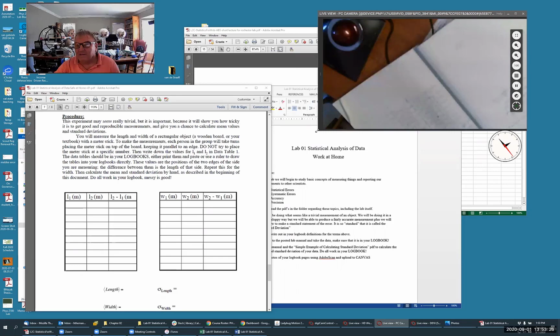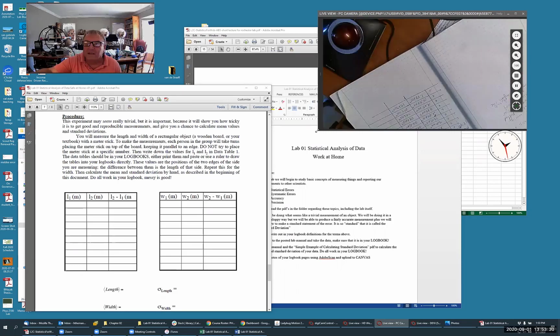At the moment, I'm going to be using my tablet to write notes on the pages. But of course, you guys remember date, time, initials. And for today, always want to get date, time, initials.